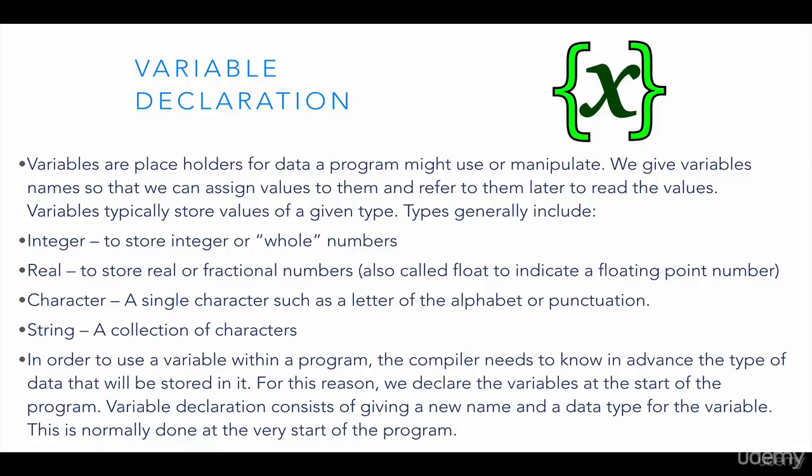So in Java, in order to create a variable, first we need to give our variable a data type, for example, an integer, a float, character, a string, double, okay, a data type first.